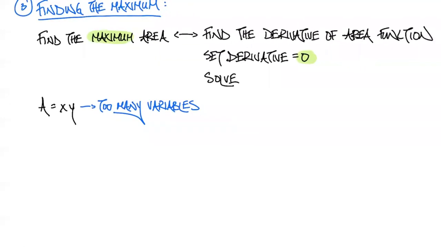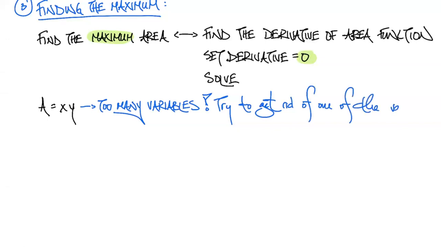So since this has too many variables, we want to try to get rid of one of the variables.